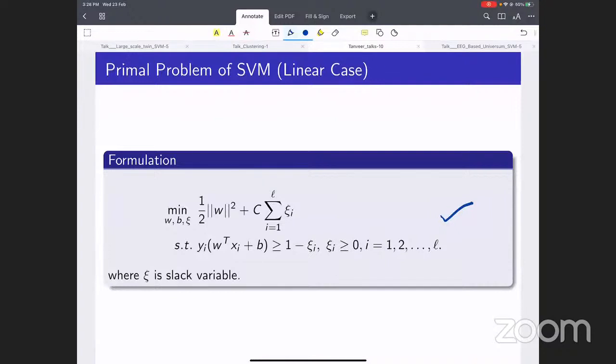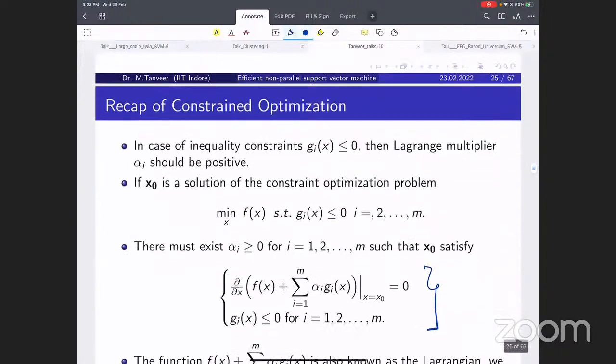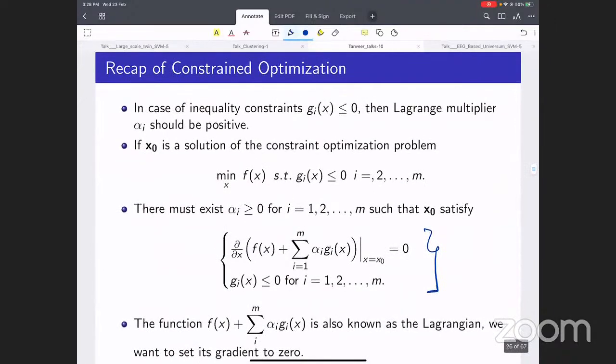So you can see here we have this optimization problem, and we want to solve it and find out the dual. Essentially we have an objective function and an inequality constraint, so we have to use this one.